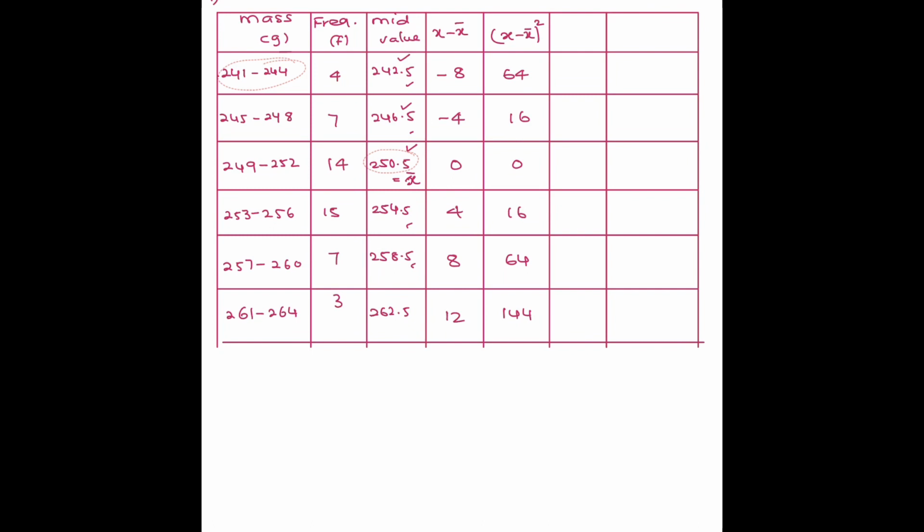Okay, now I have x minus x bar times f. So negative 8 times 4, negative 32.